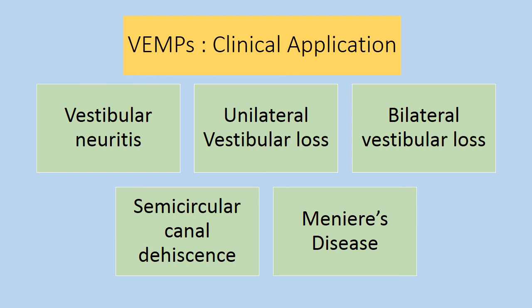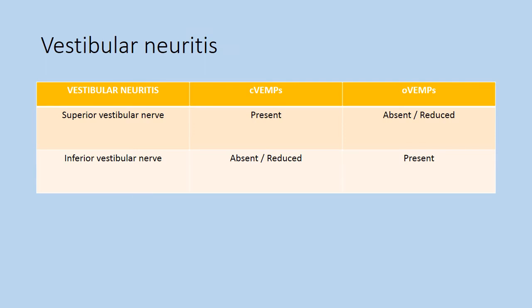Clinically, VEMP testing has been studied in various disorders. In patients with vestibular neuritis, the VEMP interpretation enables the clinician to determine the particular affected branch of the vestibular nerve.